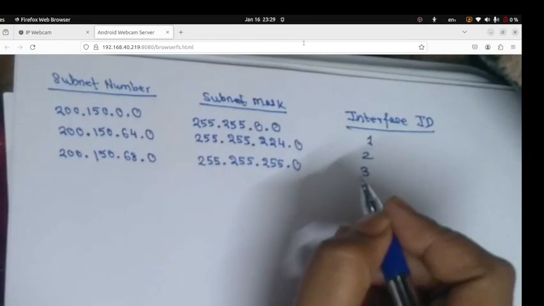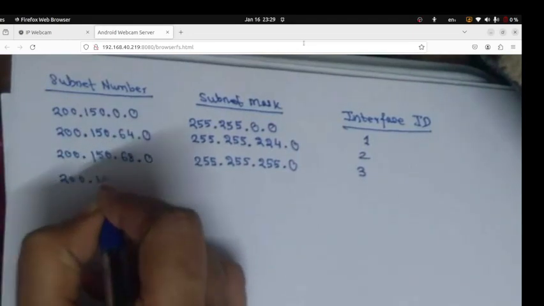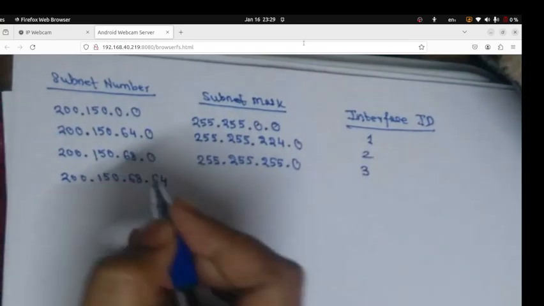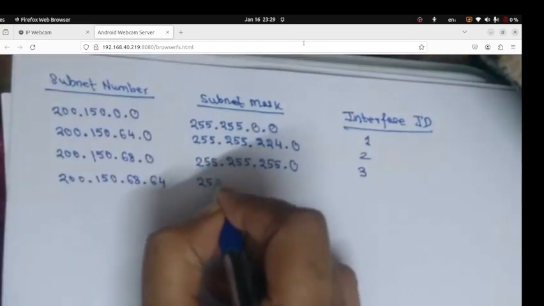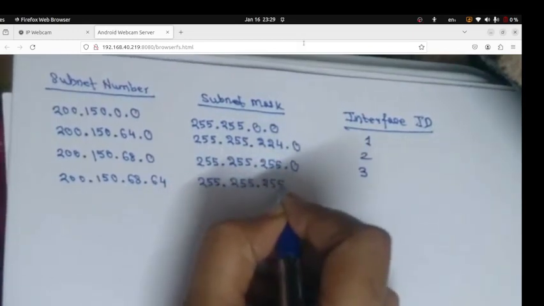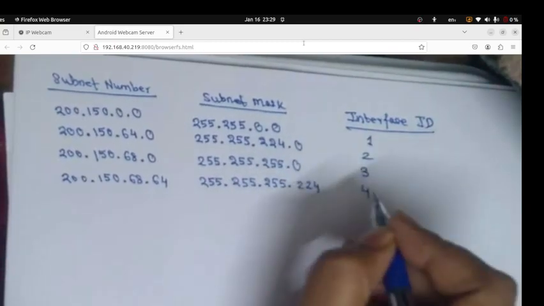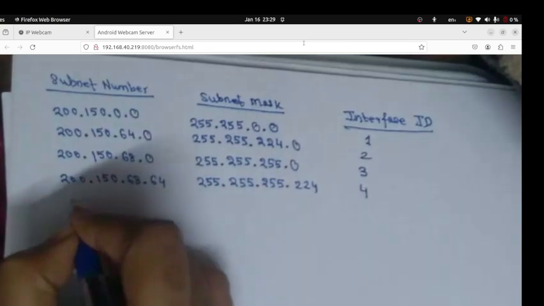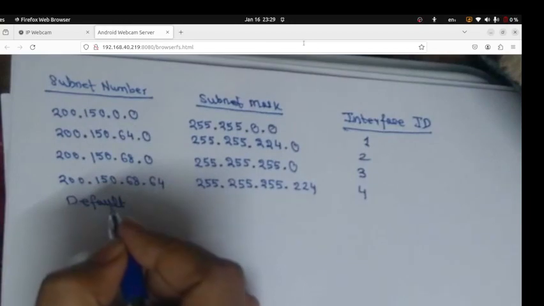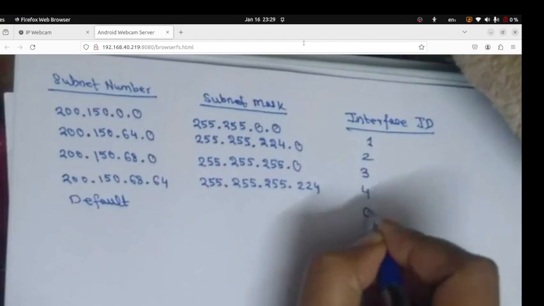The fourth entry: the subnet number is 200.150.68.64, the subnet mask is 255.255.255.224, and the interface ID is 4. The last entry is written as default, and no subnet mask is provided for it, but the interface ID is 0.